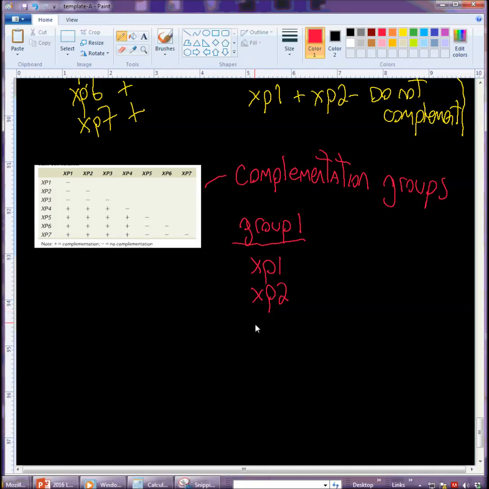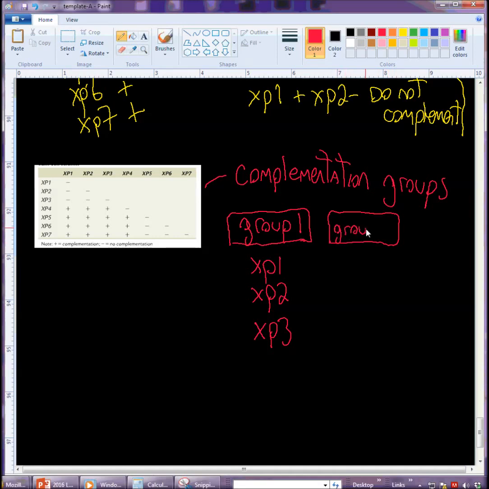XP2 and XP3 also, and XP1 and XP3 did not complement one another. So XP1, XP2, and XP3, any combination of heterokaryon between these did not complement one another. So these are in complementation group 1. Now to be in the same group, that means you do not complement each other with respect to the phenotype in question. So none of these complement one another with respect to unscheduled DNA synthesis.